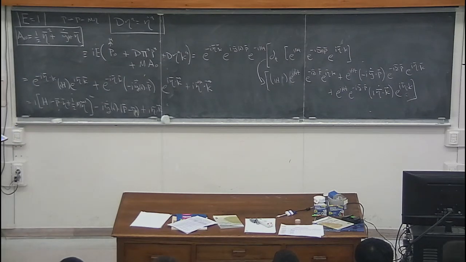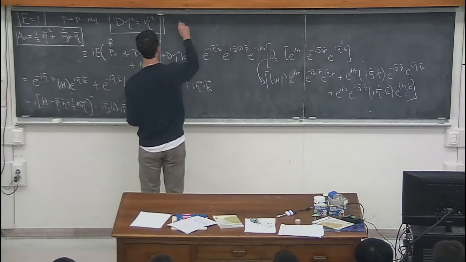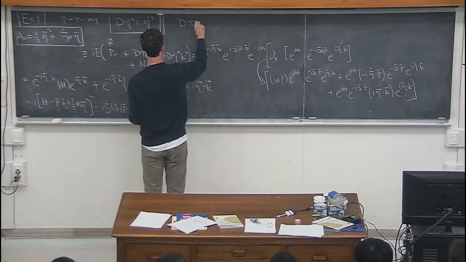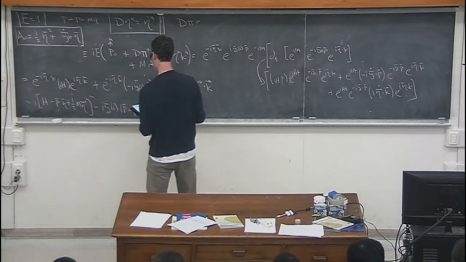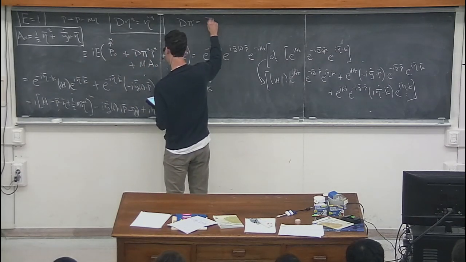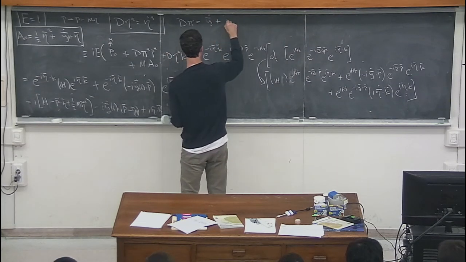And d on pi is the coefficient of p, which is y dot plus eta dot.